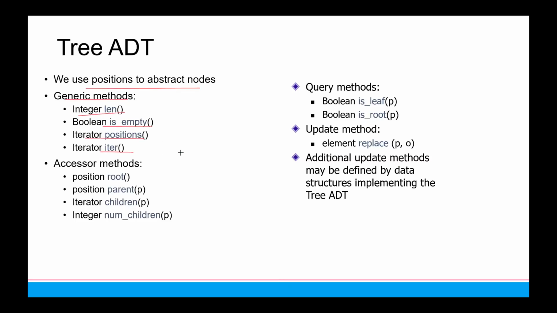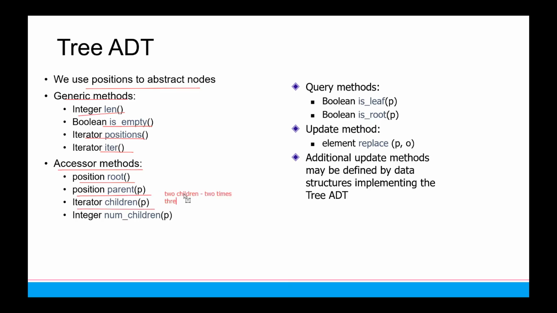Iter means the iteration. For the accessor methods, we want to see the position at the root. We want to see where is the position of the parent. And then we want to see the iterator, so the children. So if there are 2 children, okay, then we want to iterate 2 times.